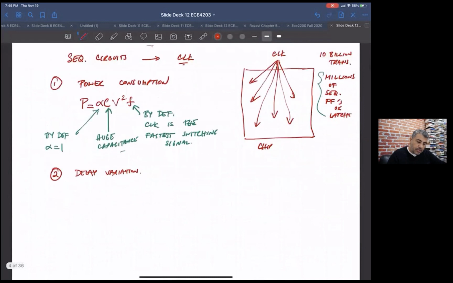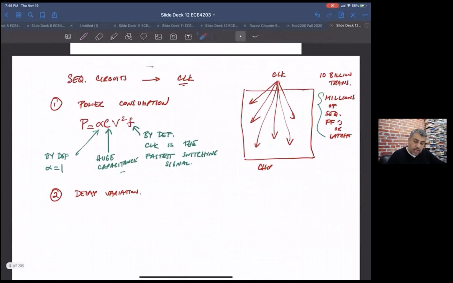Okay, so when I went to grad school, my thesis topic was to have an optical clock distribution across the chip. Anyways, it was pretty involved, but you're trying to control a laser source that would basically shine pulsed light into all these places, all at the same time. So everything would get clock at the same time across your whole chip.